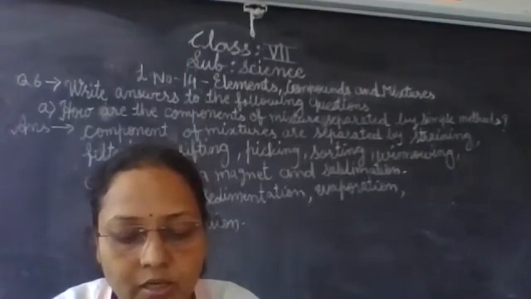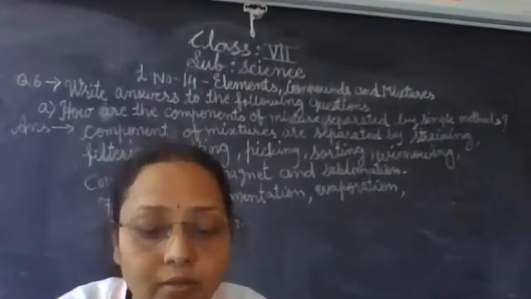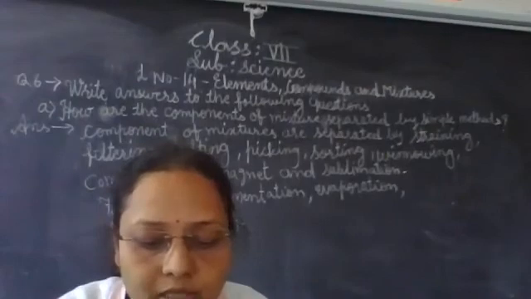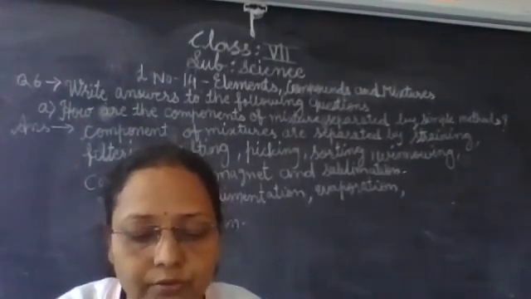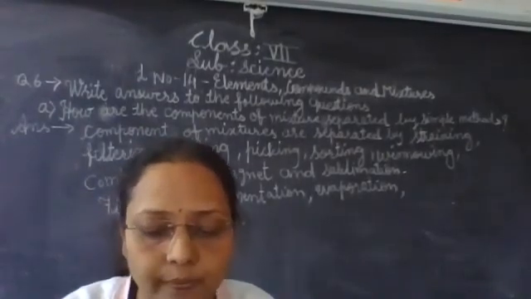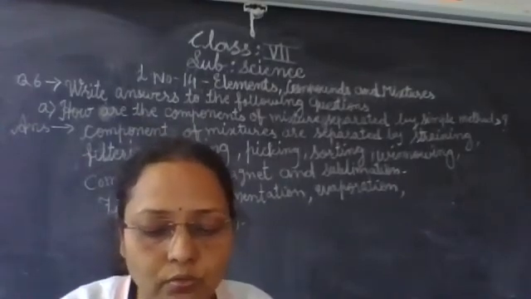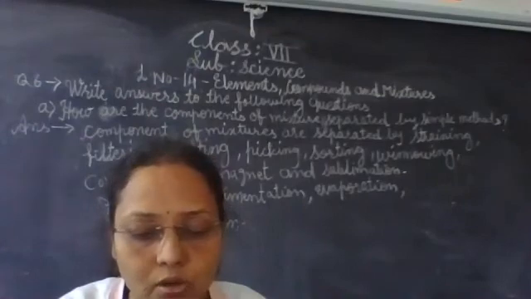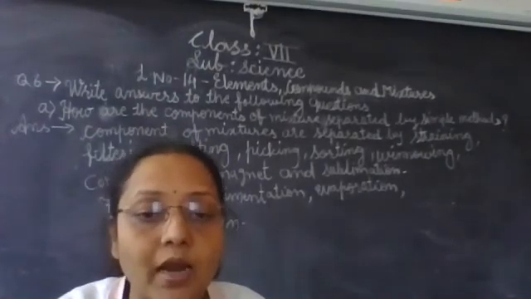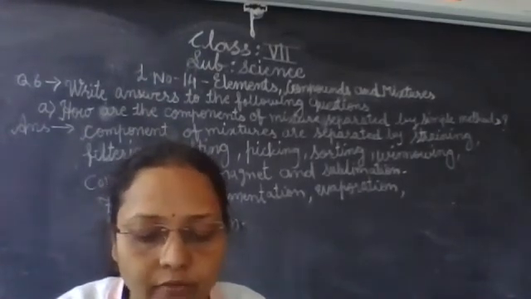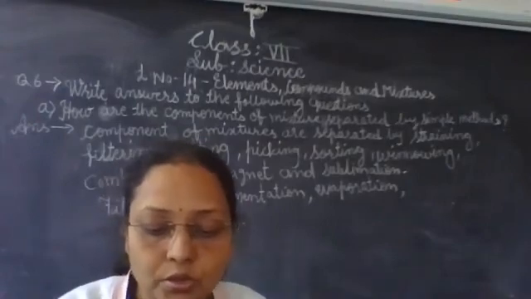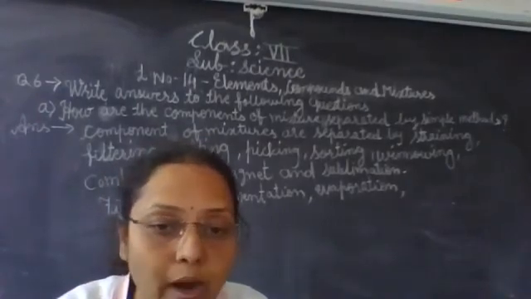Then distillation method, you know, it's a laboratory method. So we already explained this method. It is a process of heating a solution containing soluble solids to form vapors of a liquid and then cooling the vapors to get the liquid back.